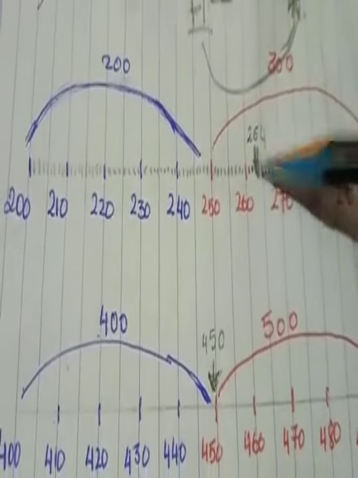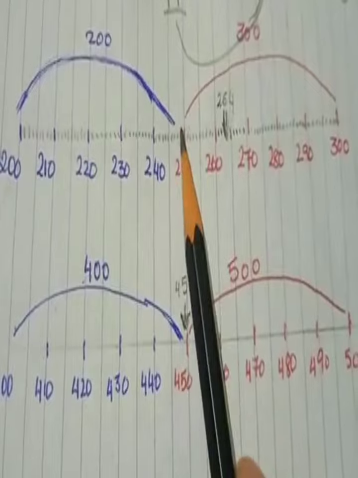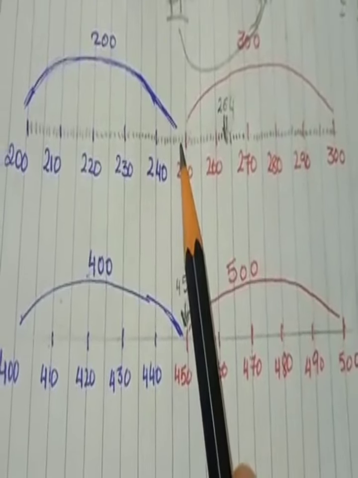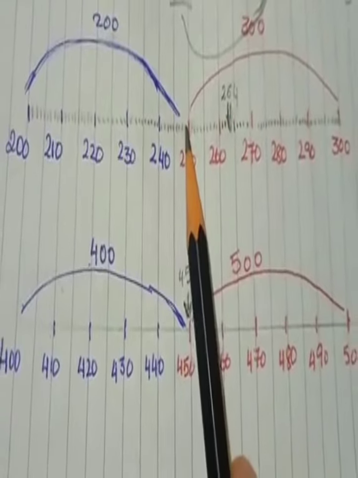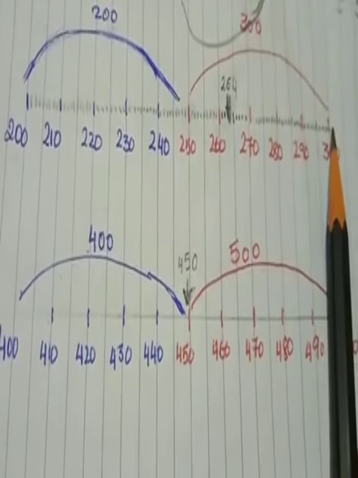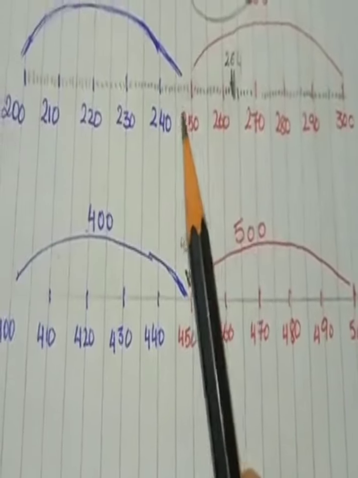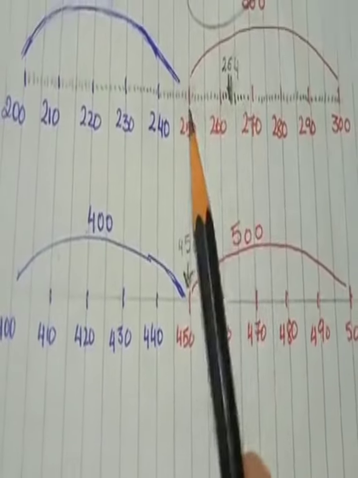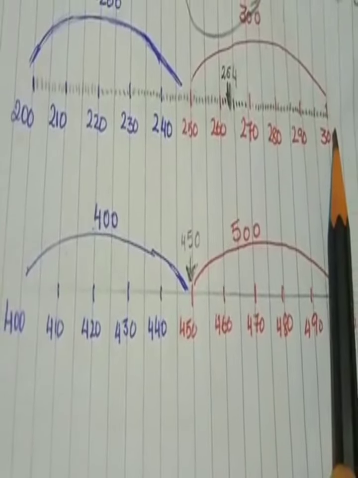Let us now see where 264 comes. The 250 line starts from here. The midpoint starts from here. All numbers on this side, 250 and above, will be rounded to 300. So 264 is well inside the line beyond 250, towards 300. So it will be converted into 300s.